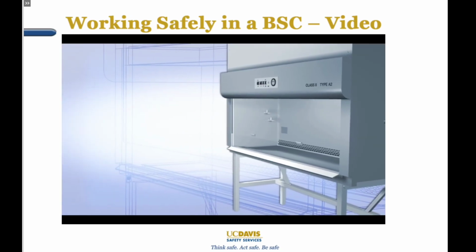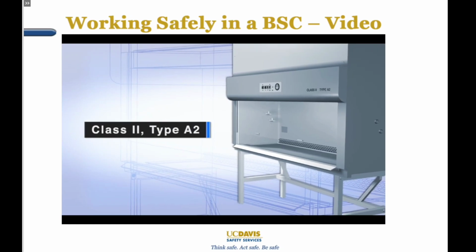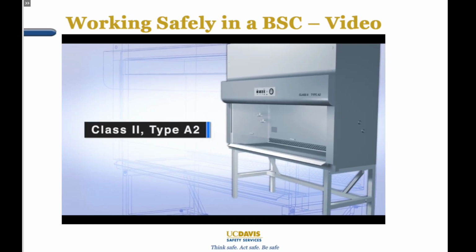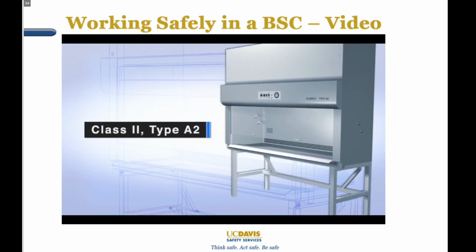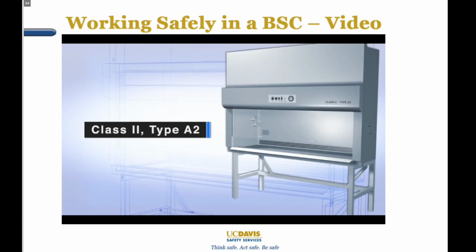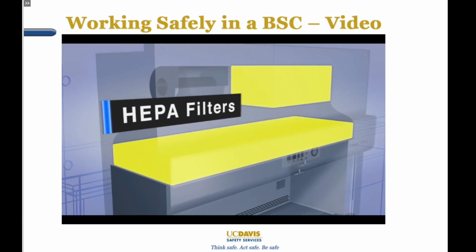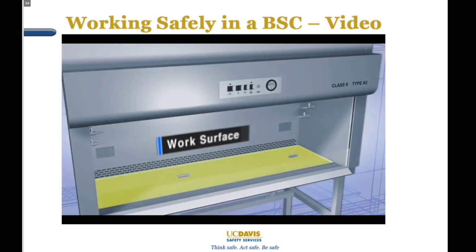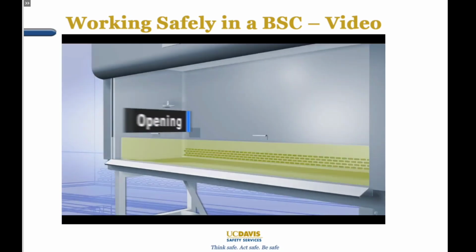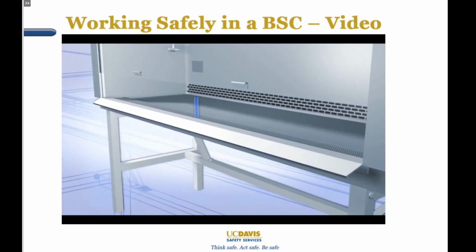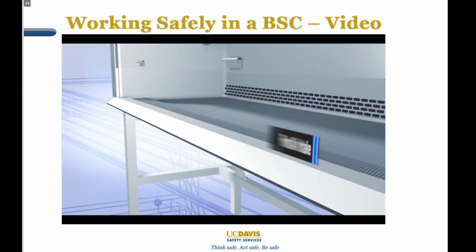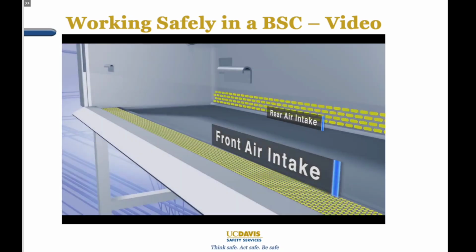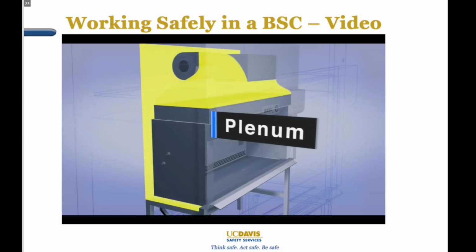This video depicts a freestanding Class II Type A2 biological safety cabinet, or BSC. It includes HEPA filters for exhaust and supply air, the work surface, the opening to the work surface, the airfoil, front and rear air intake grills, and the plenum.